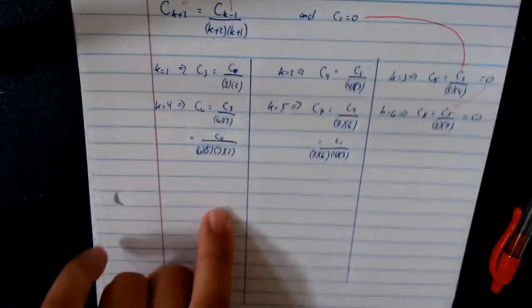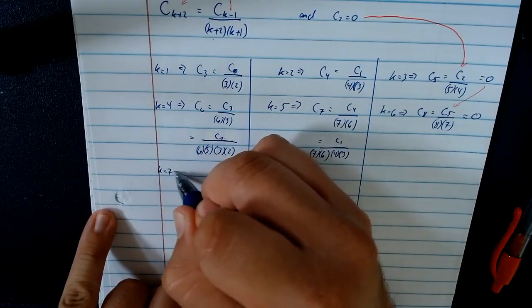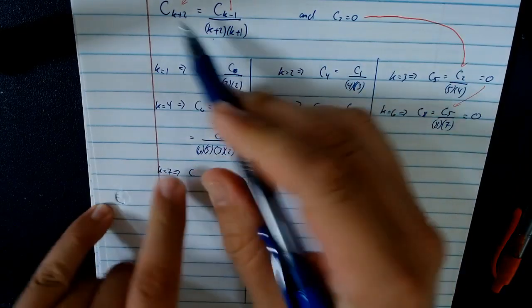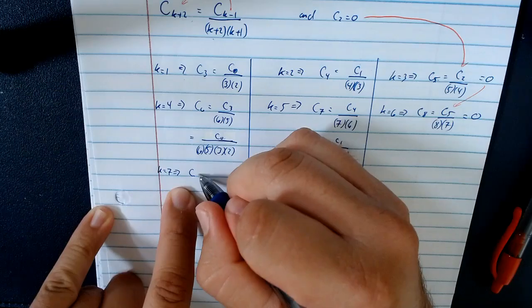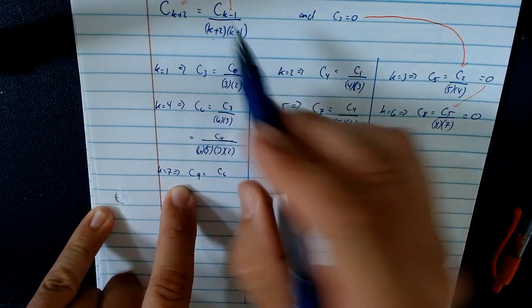Let's do one more set here. I've already done 1 through 6. Let's do k equals 7. That'll be C sub 7 plus 2, that's C9. So C9 equals C6 over 9 times 8, since 7 minus 1 is 6.